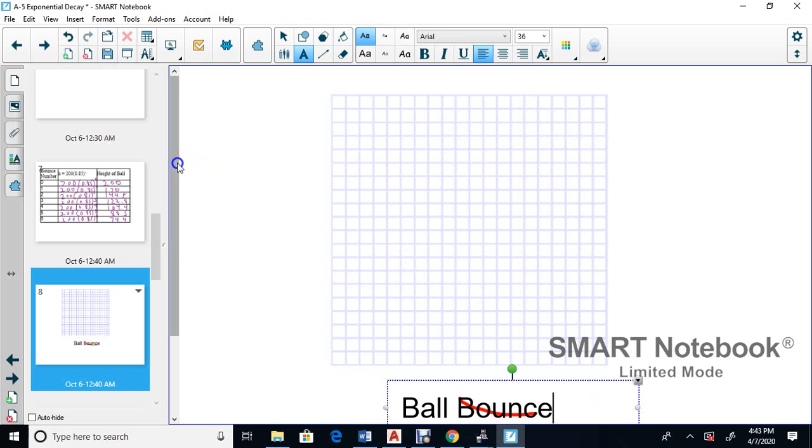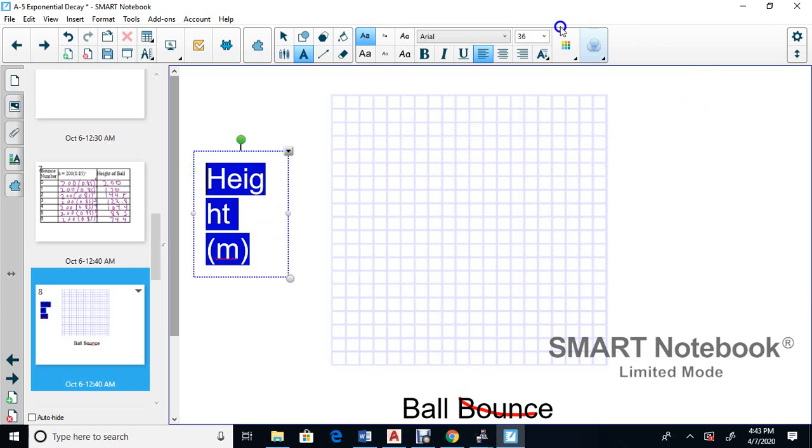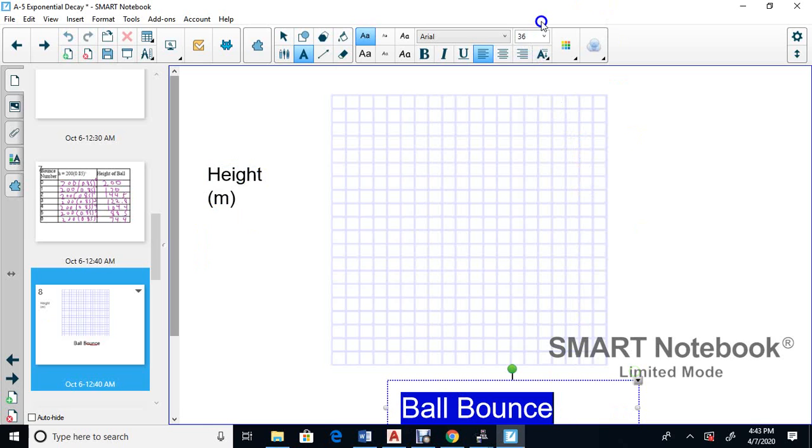Over here we have height, and I believe it's in meters, but we can go take a look. Okay, we change the font size, and same here, so we can fit everything.